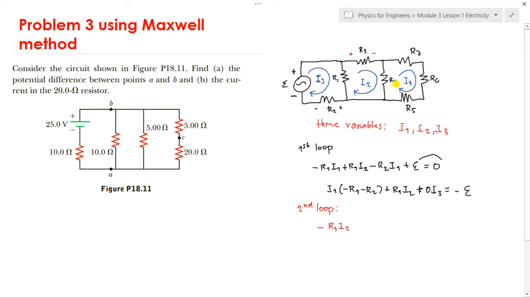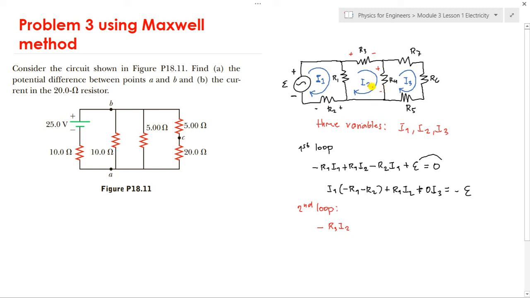Next, proceed ni R4. So si R4, this is the positive terminal, negative. So therefore, voltage drop again for I2. However, for resistor number 4, there are two currents na nag-interact sa iya. The first one is I2. The second one is I3. But I3, opposite direction sa ato ang I2. Okay?